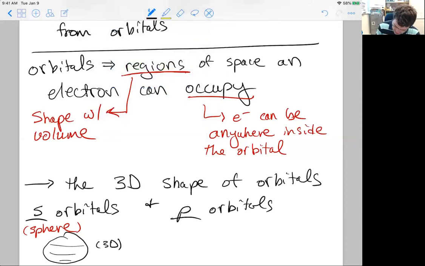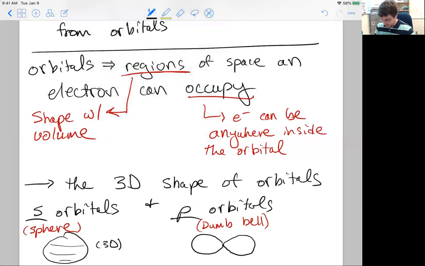Now, p orbitals, I think strength training has sort of evolved enough so that this actually doesn't work as well, but we'll still stick with it. They're called the dumbbell-shaped orbitals. They're kind of two distorted ovals that are connected at the center.